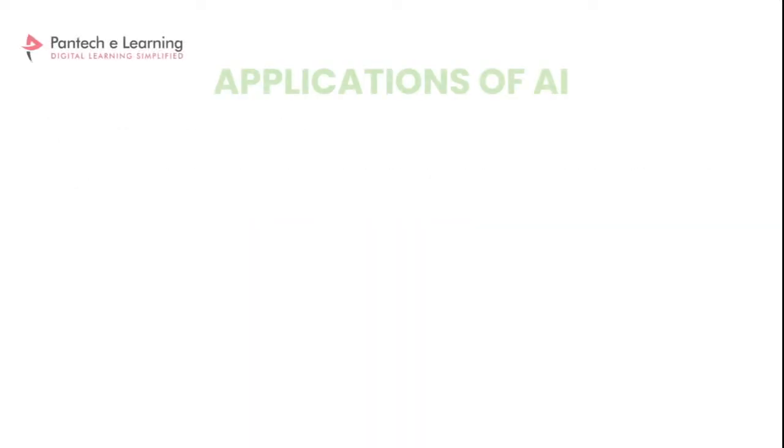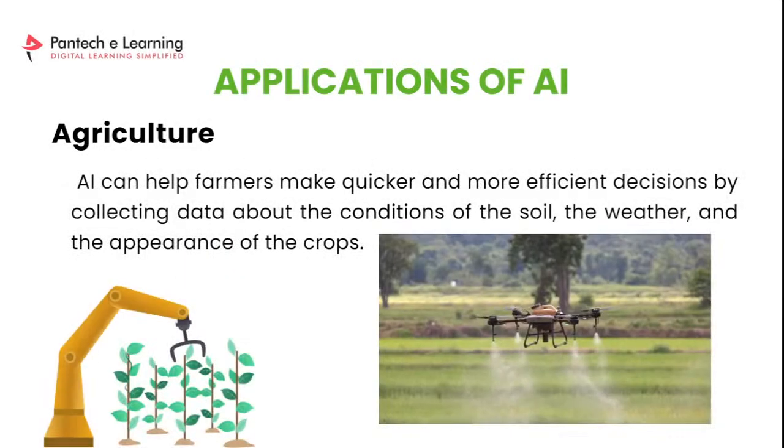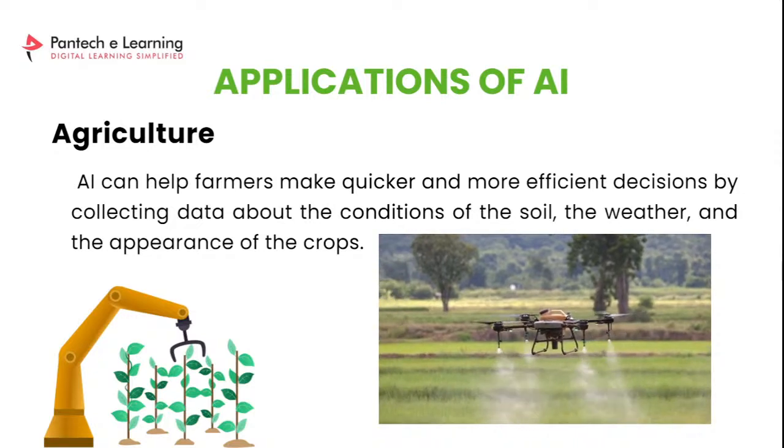And then virtual assistant. So AI assistants like Siri, Alexa and Google Assistant help users with tasks, schedule appointments and provide information. And then comes agriculture.